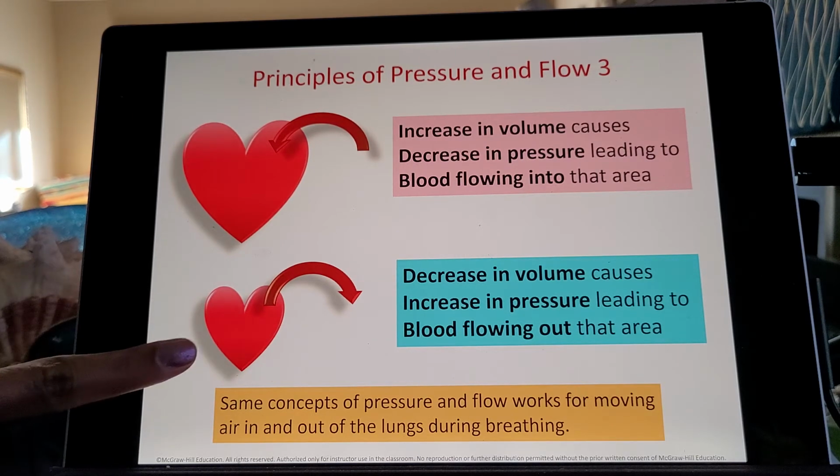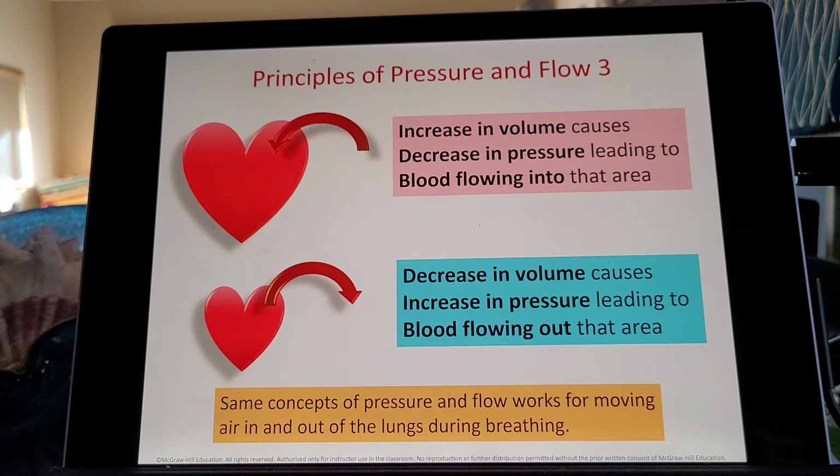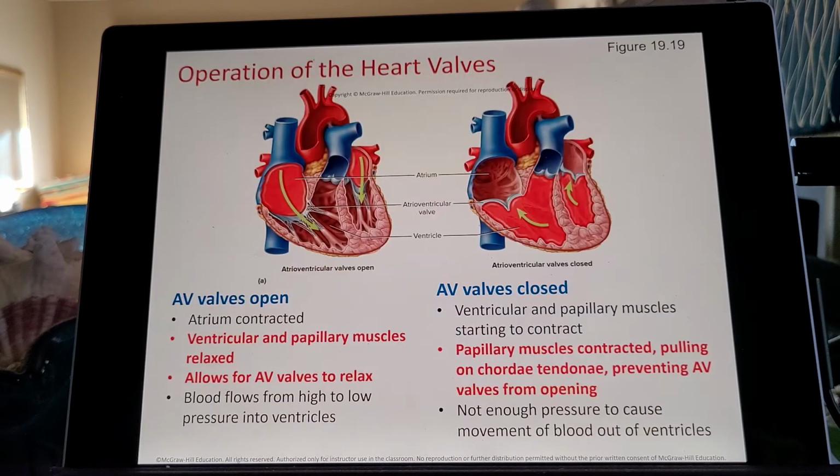And for example, if you are contracting atria or ventricles, moving the blood somewhere, when you decrease the volume, it causes an increase in the pressure, and so the blood is going to flow down its pressure gradient from the area of higher pressure, where you have a small amount of space, to the area of lower pressure, where you have a larger amount of space. This is the same thing we're going to do when we deal with our lungs for our respiratory system.